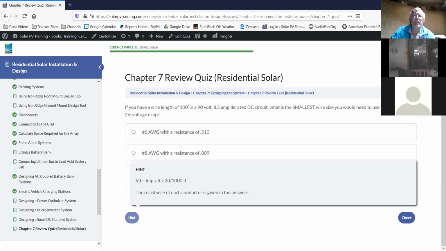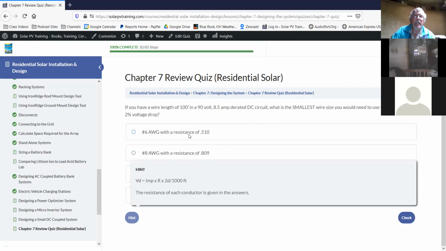So this hint is basically telling you this is going to be using the voltage drop equation. So voltage drop equals the amps times resistance times twice the distance divided by 1,000 feet, and we're being told the amps are 8.5. The resistance of the wire, well, in this case, the resistance is built into the answers.